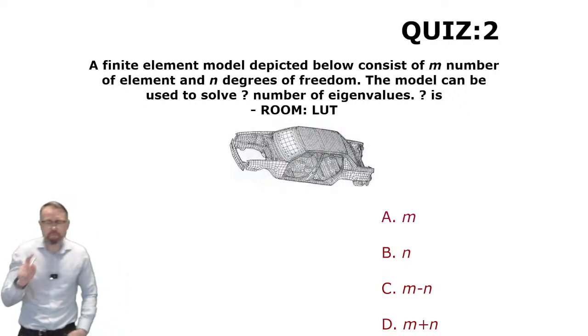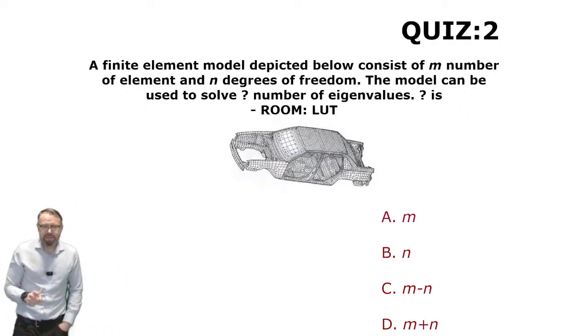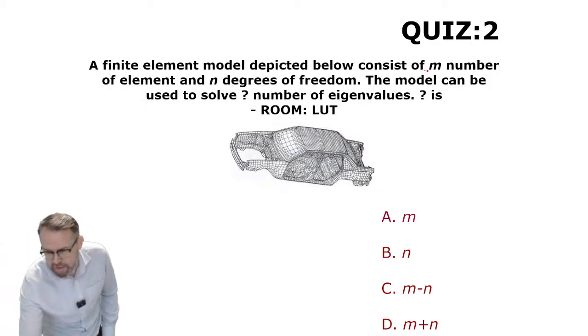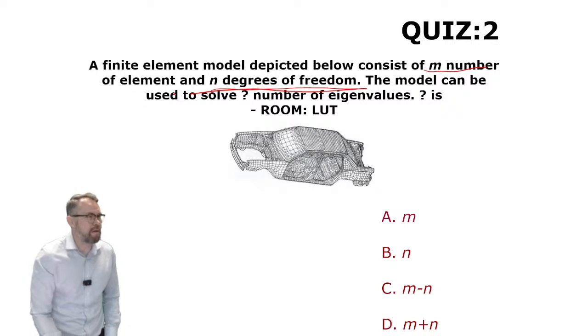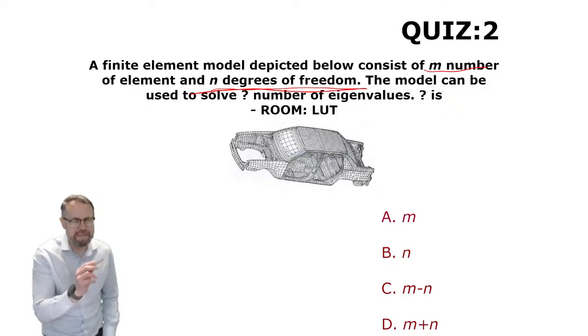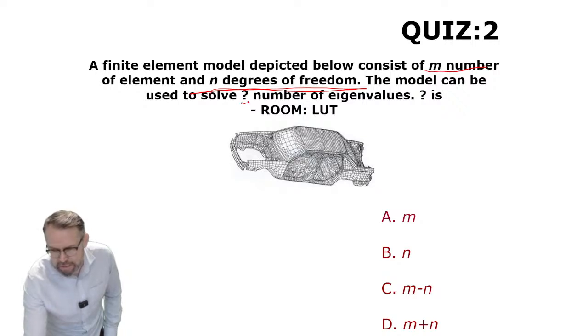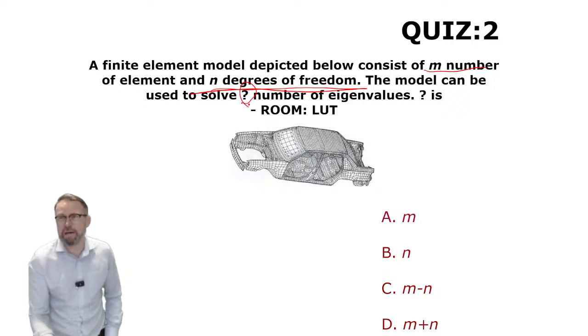But prior to that, the finite element model depicted below consists of n number of elements, n number of degrees of freedom. I don't know if this was clear based on my explanation. I think that it was clear. N number of degrees of freedom. The model can be solved by using question mark number of eigenvalues.